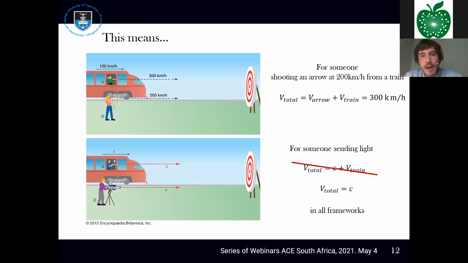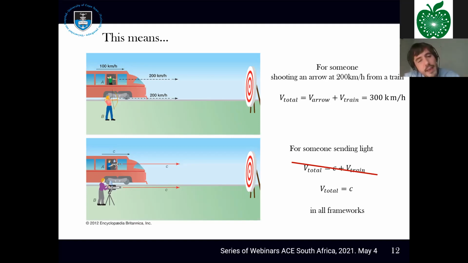It's just the addition of them. So we have 200 kilometers per hour plus 100 kilometers per hour, and the result is 300 kilometers per hour. That's the speed of the arrow from the point of view of observer B, okay, here in Archer B.